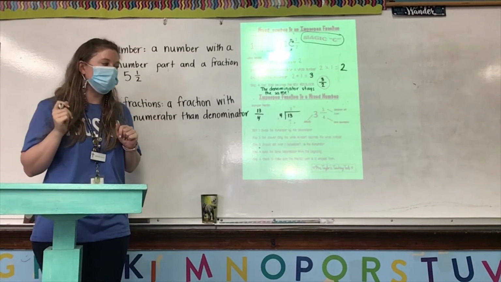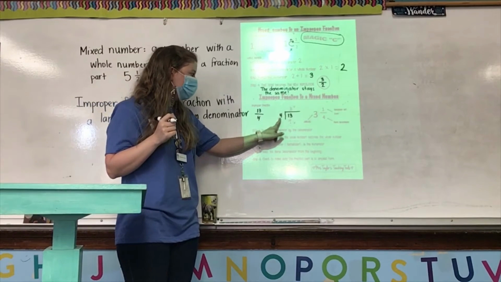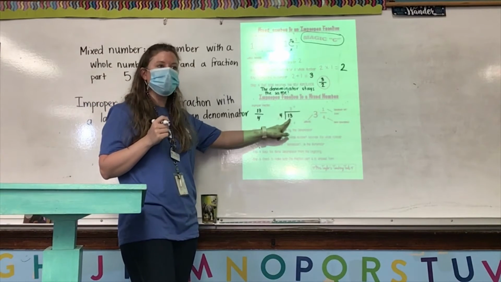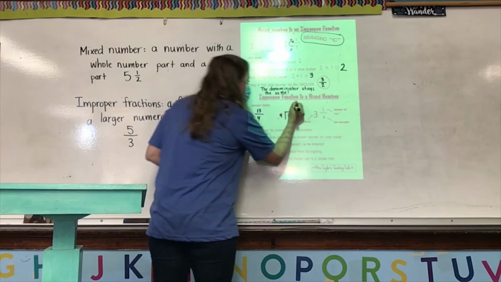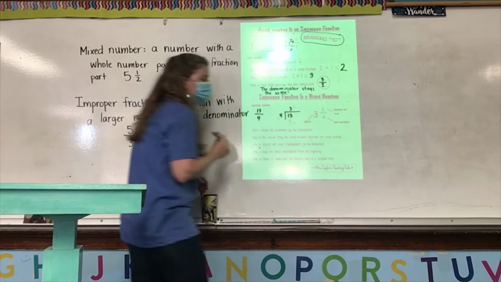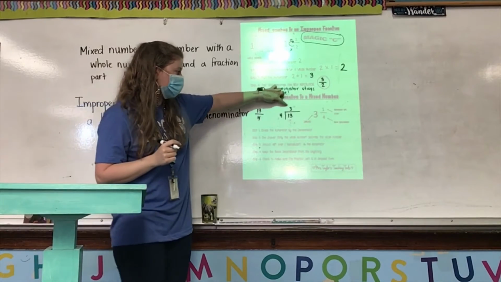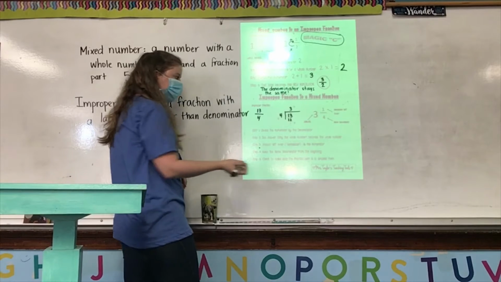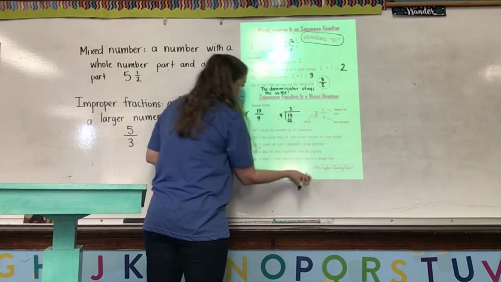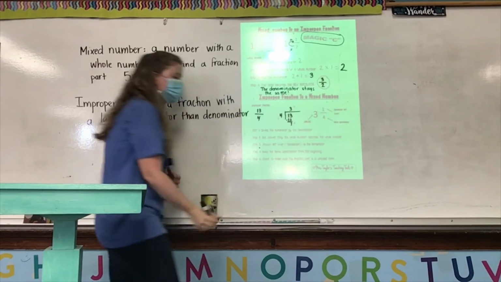Then we just divide like normal. 4, our divisor, cannot go into 1, so we go to the next place. 4 goes into 13 3 times. 3 times 4 is 12. 13 minus 12 is 1.